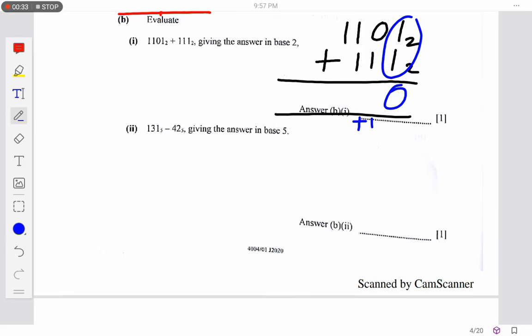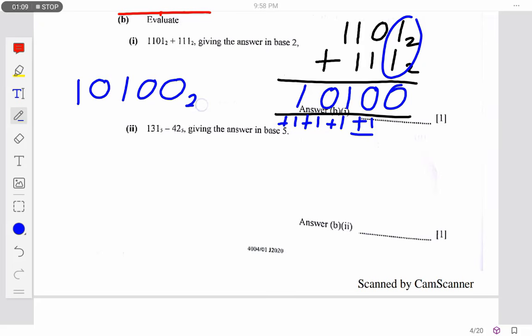Then we carry plus 1 to the next one. 0 plus 1, we get 1, plus this 1 there, we get a 2. 2 minus 2, we get a 0 here, then we carry plus 1 there. 1 plus 1 plus 1 there is 3, minus 2, we get a 1. So we have 1 here plus a 1 there. 1 plus 1 is a 2, so we say 0 plus a 1. We don't have anything here now, so we write our 1. So our value is going to be 110100 base 2.